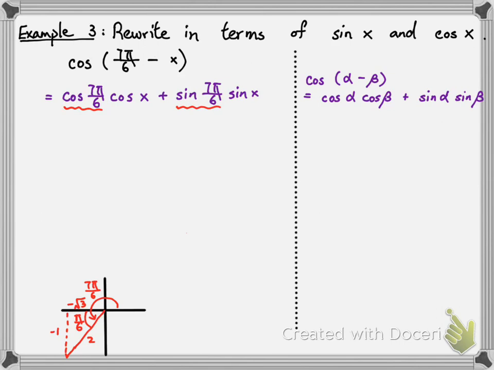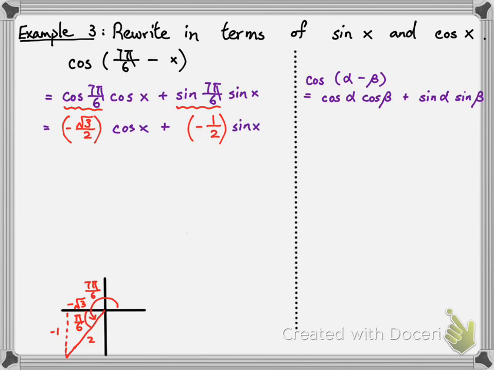And so we would have cosine of 7 pi over 6 equals negative square root of 3 over 2 times cosine x, plus sine of 7 pi over 6 equals negative 1 over 2 times sine x.